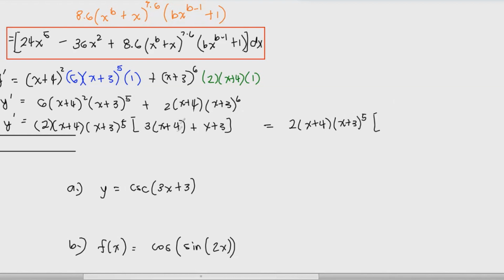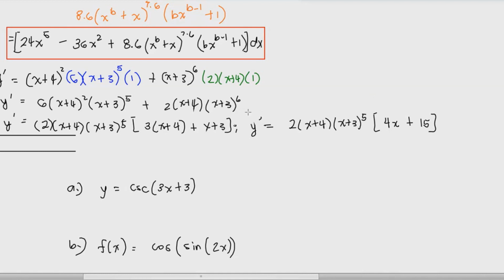and then we multiply this with, this will be 3x plus 12. So 3x plus x would be 4x, and then we add 12 plus 3, which would be 15. Okay, so we already have y prime here, so you don't have to add some dx here.